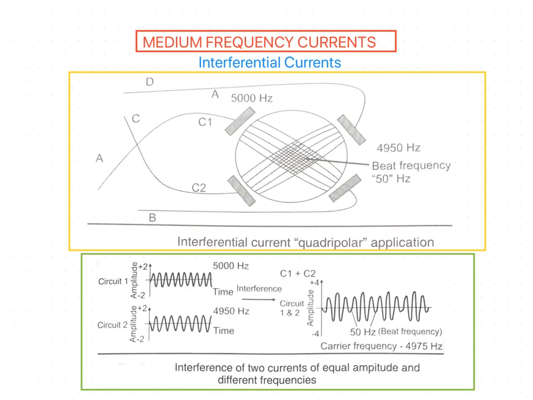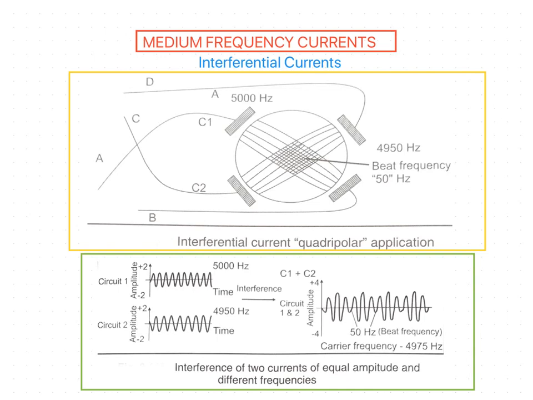So there are two types of medium frequency currents. One is amplitude modulated, that is interferential currents, and the other is time modulated, called Russian currents, which are used for muscle contraction and pain relief.